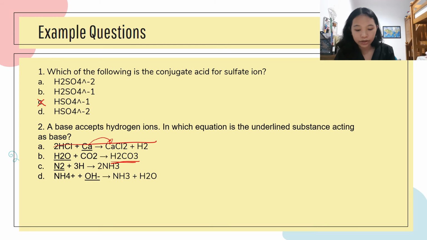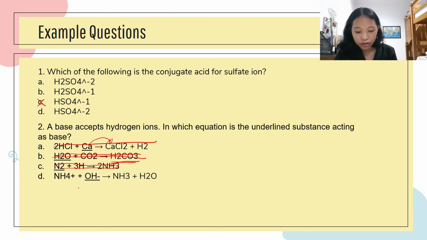This is not accepting hydrogen ion because CO2 doesn't have hydrogen. And then we have N2 plus 3H yields NH3. This is also not accepting hydrogen ion. They're combining together, forming a bond, so this is wrong.